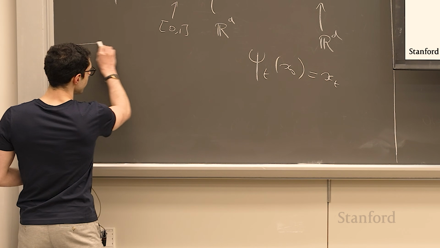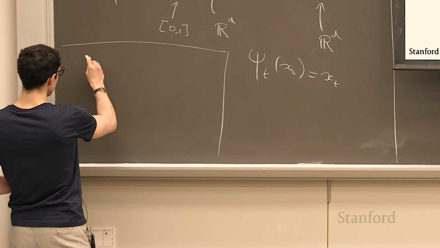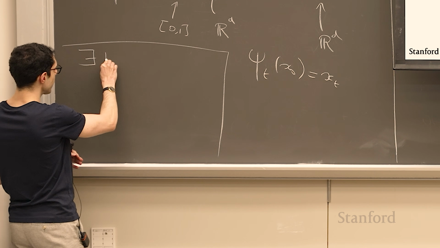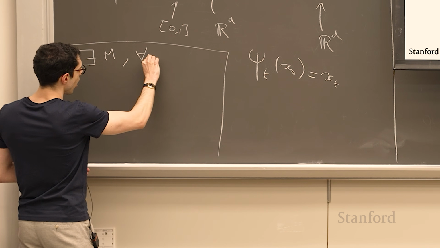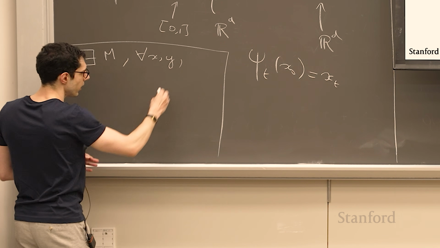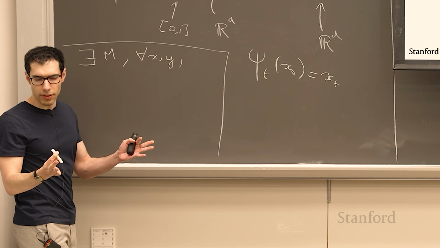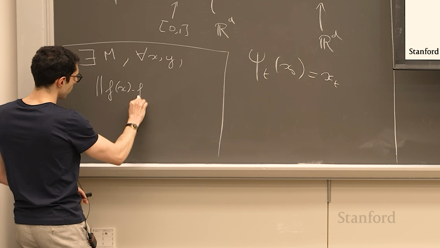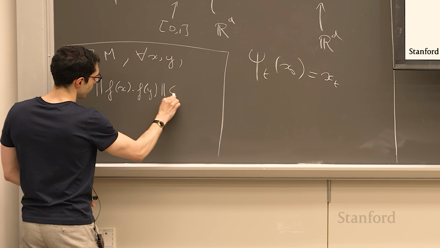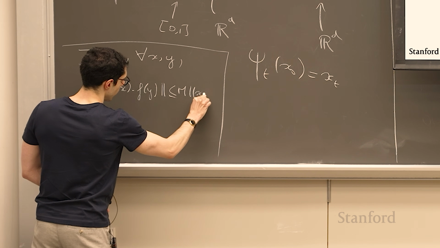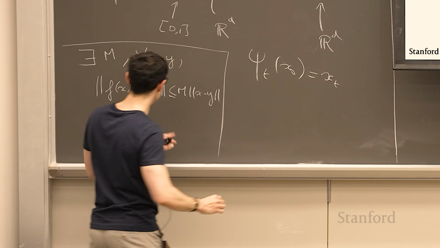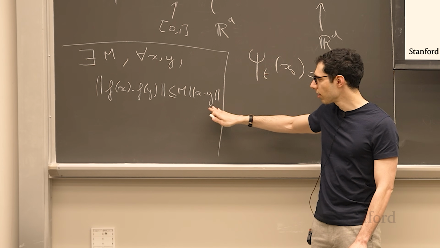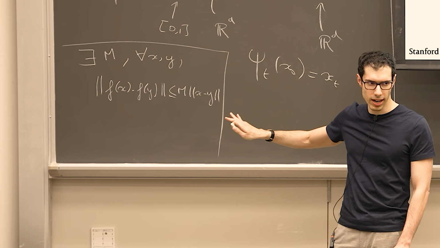So Lipschitz continuity of a function f is when you have some constant, let's call it m, such that for all x and y in your space of interest, your function f satisfies this relationship: the norm of f of x minus f of y is less than or equal to m times the norm of x minus y.